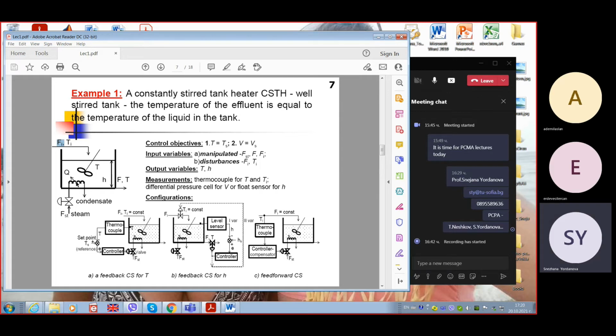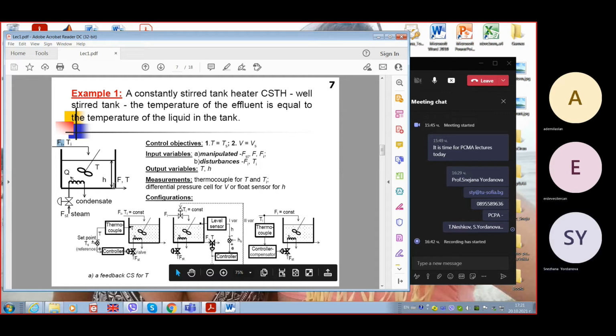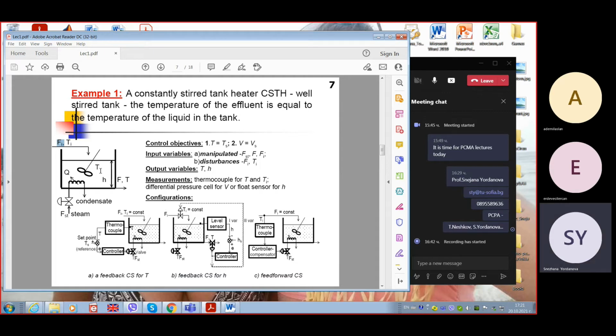throughout the whole tank. So what we have here, this disturbance which changes level, or the control, if we decrease level by deliberately changing the desired set point level, this reflects into increase of temperature.